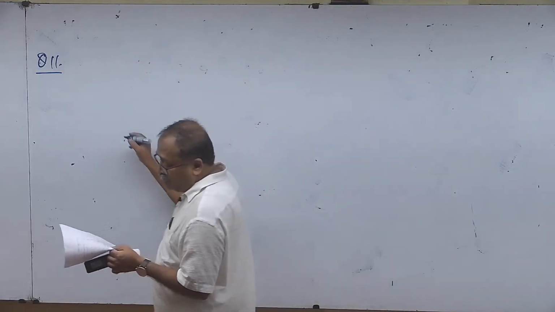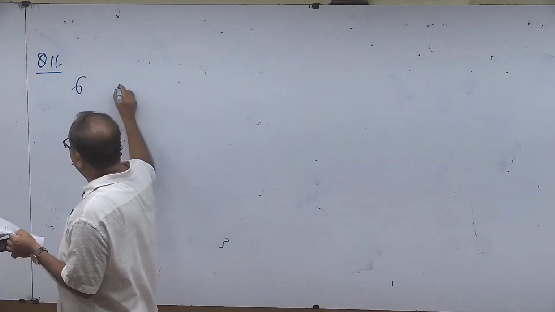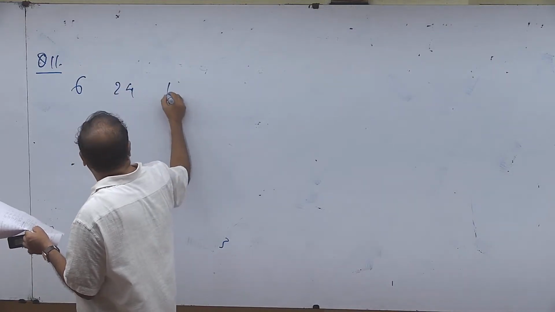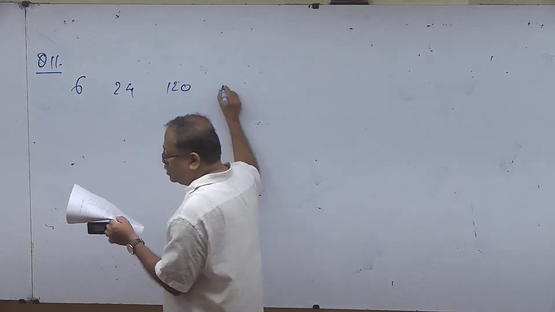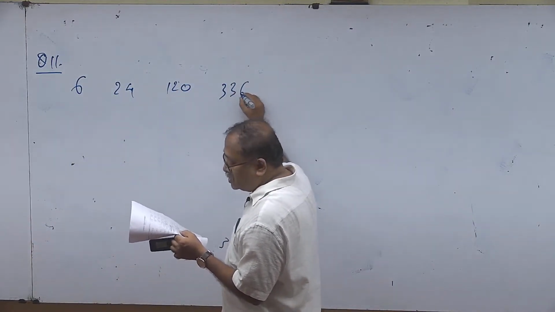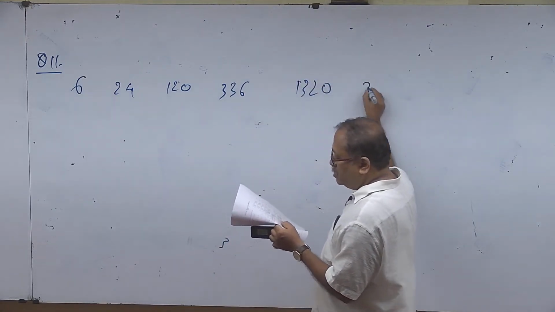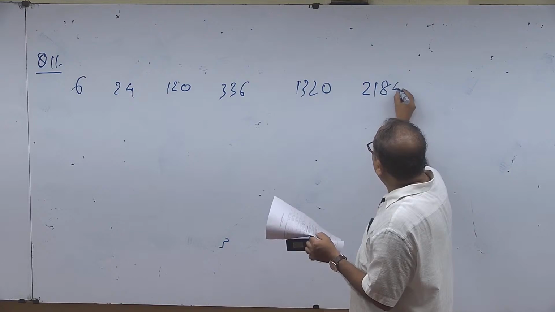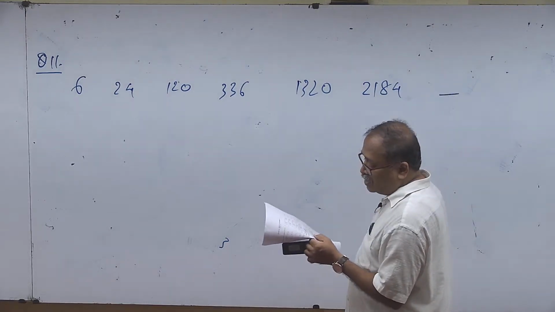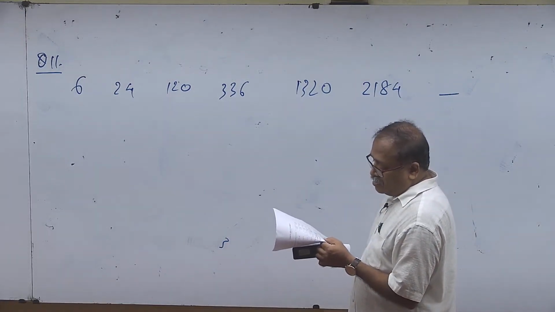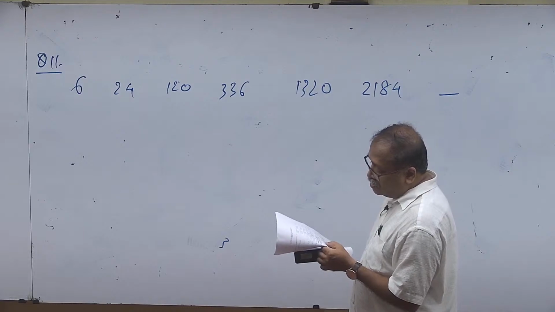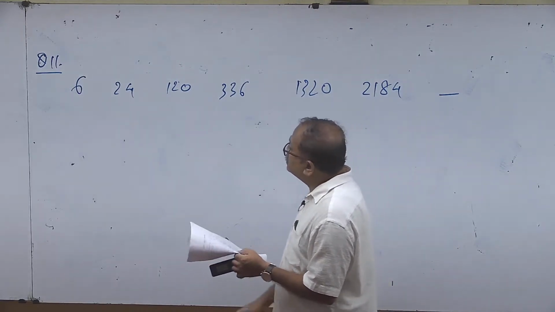Let us write the numbers. That is 6, 24, 120, 336, 1320, 2184 and dash. Okay, 13, 2, it becomes 26.